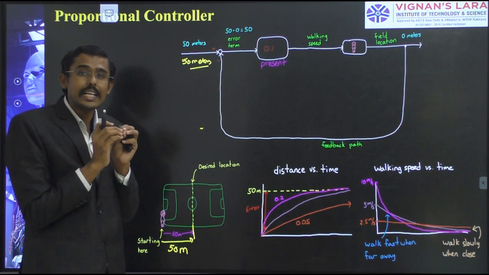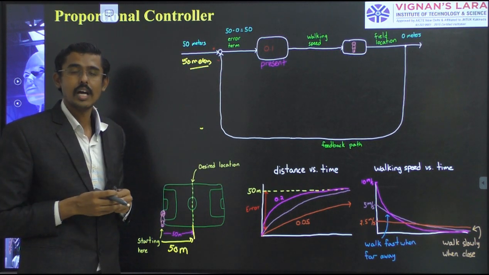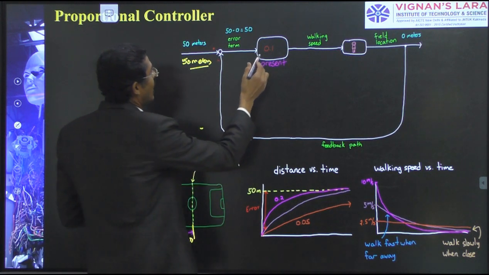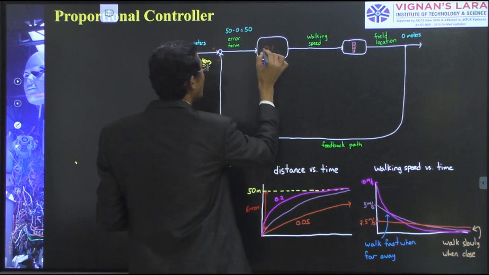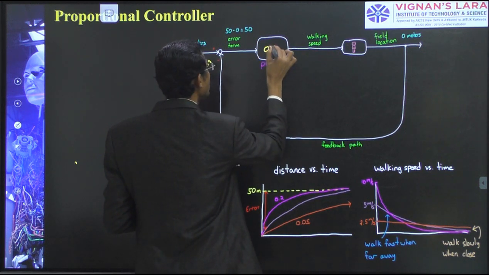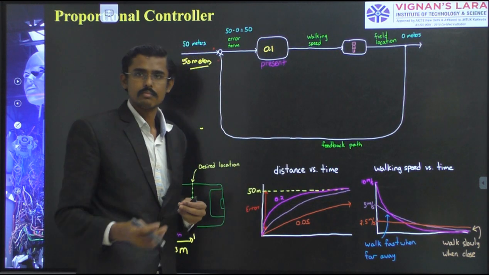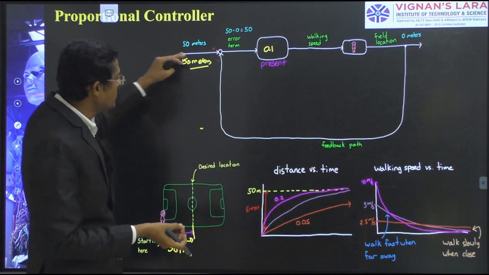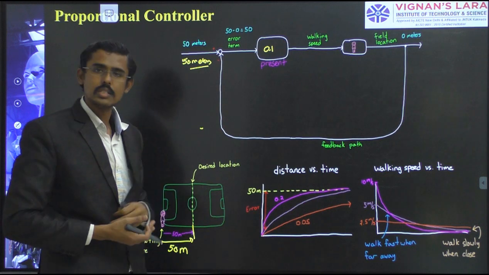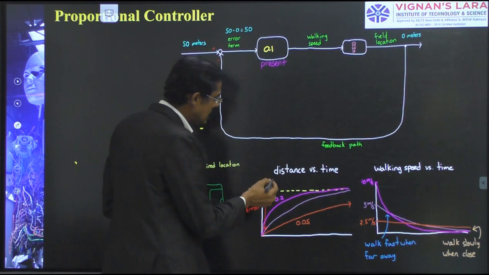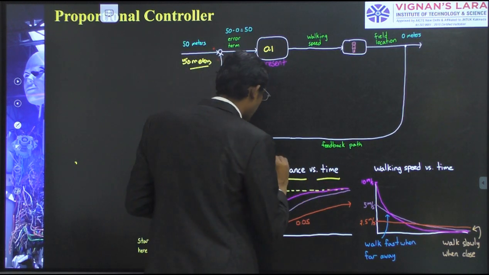Now how can I move? I am planning proportionately. I am giving a gain of 0.1, and accordingly the input has been given and it will move. So I come to this graph, distance versus time.